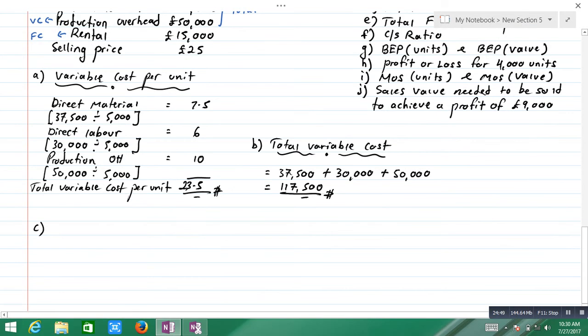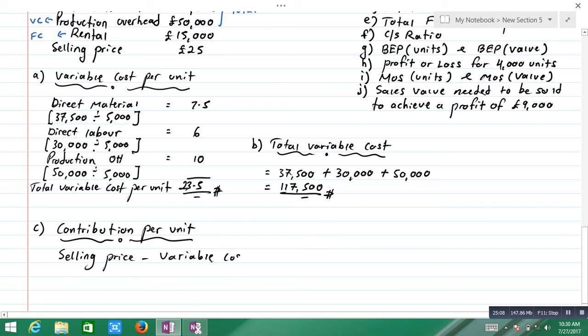So selling price is 25 minus variable cost per unit. We already calculated in your part A how much you get. That will give you 1.5. That is the contribution per unit.